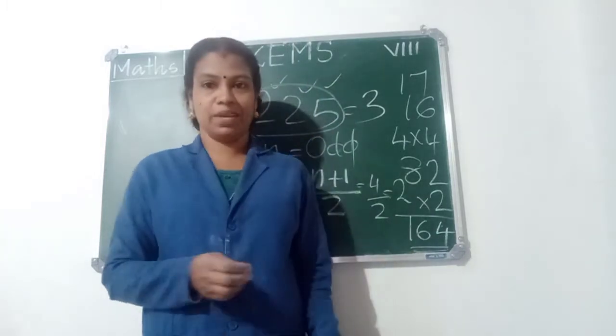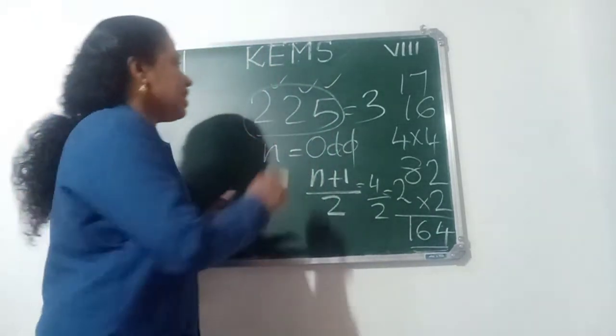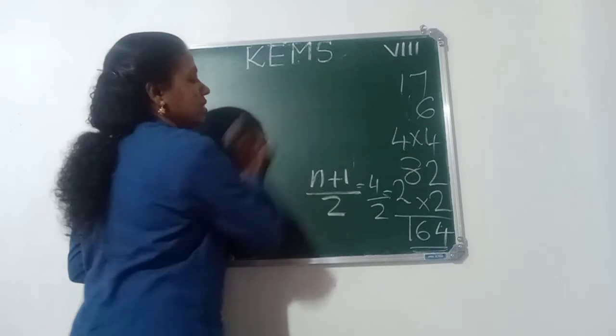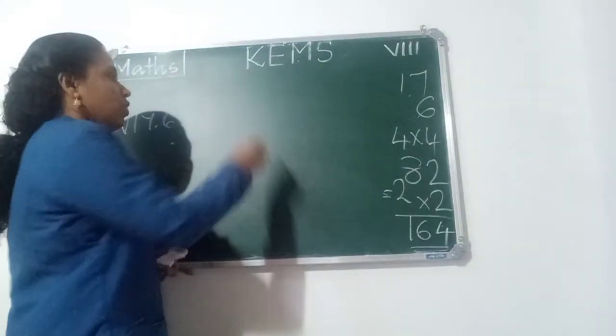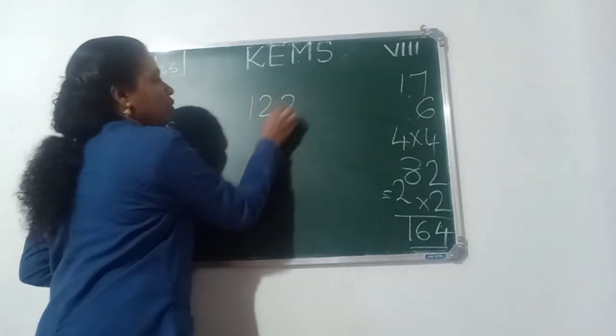2 digits only. Then, if n is an even number, take 1, 2, 2, 5.